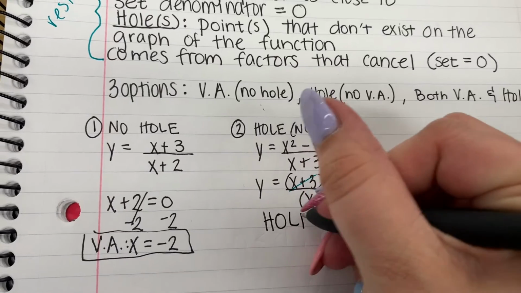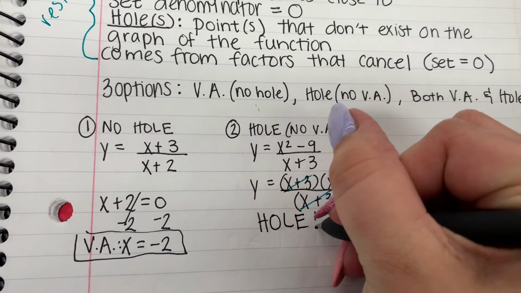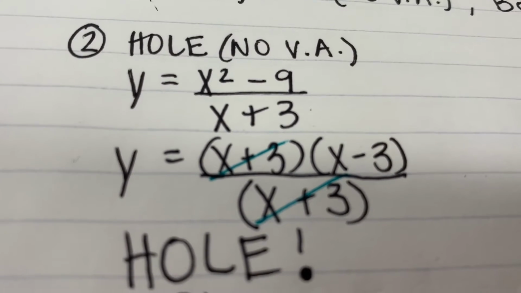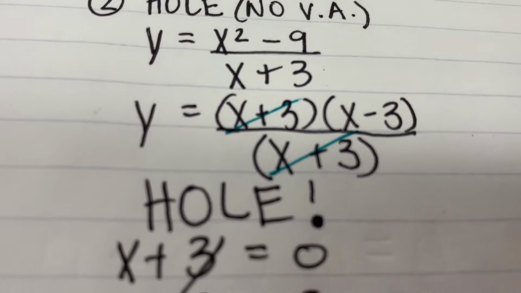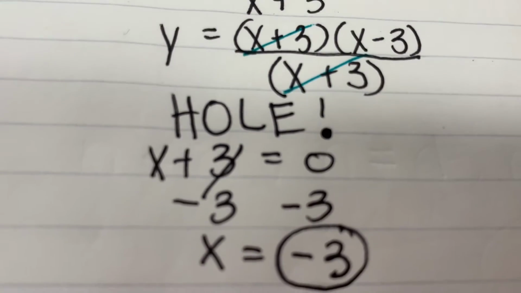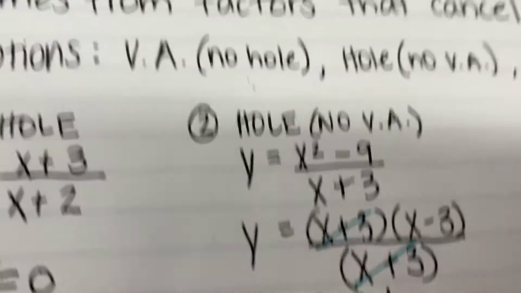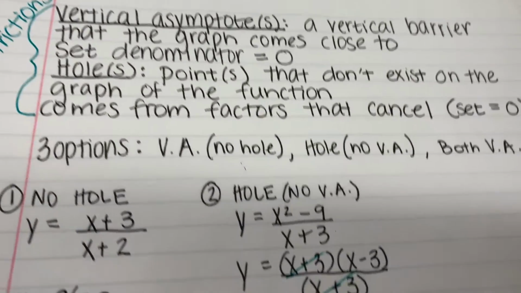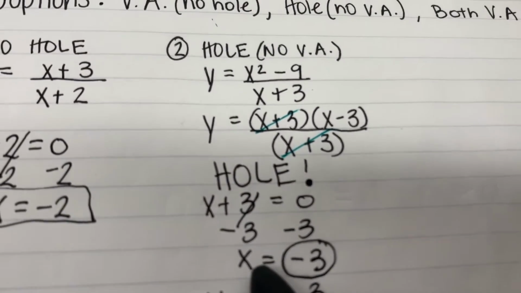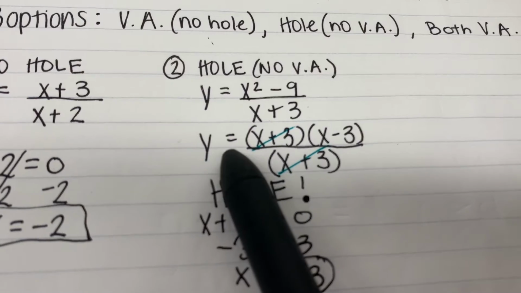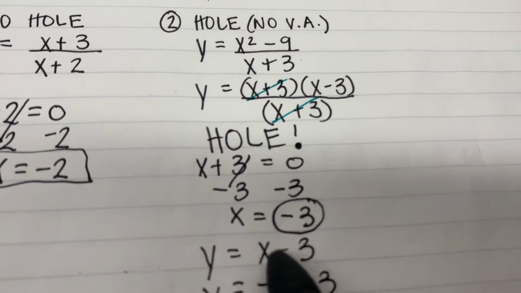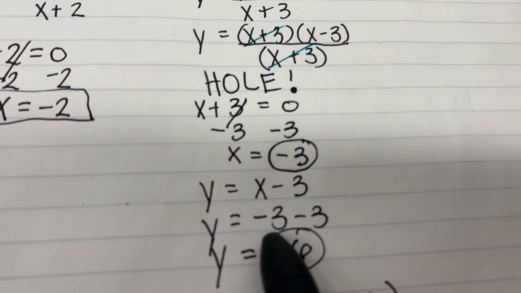A hole in the graph comes from when something cancels out, when you have some sort of factors that cancel out. So to find that hole, you set whatever canceled out equal to 0, and we get -3 here. But remember, we're looking for a point on a graph that doesn't exist. So we're going to take whatever is left after we canceled, which here is y equals x minus 3, and we're going to substitute that x equals -3 in for x.